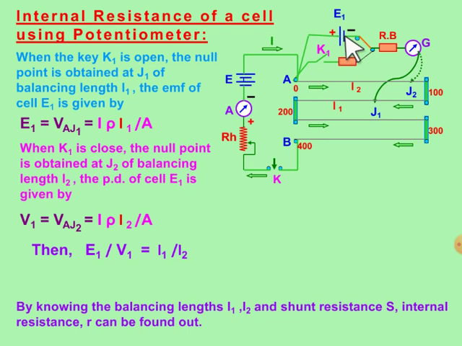So the potential difference of the cell E1 when K1 is closed: the balancing length will be shorter, as I said, and the balancing point is somewhere here, J2. So the potential difference between A and J2 will be the potential difference of this cell E1. Your potential difference V1 will be expressed like this.